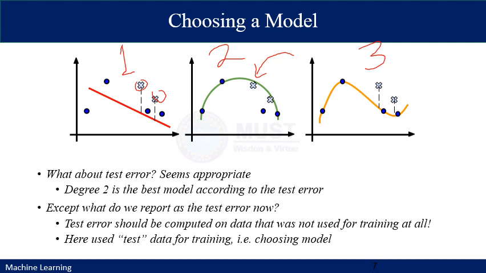It seems more appropriate. As you can see, degree 2 is the best model according to the test error, which is based on the dataset provided in the previous slide. Except for this error, what else do we have to report? Here the condition must be checked that the test error should be computed on data that was not used for training at all.